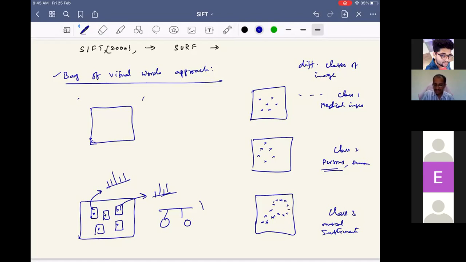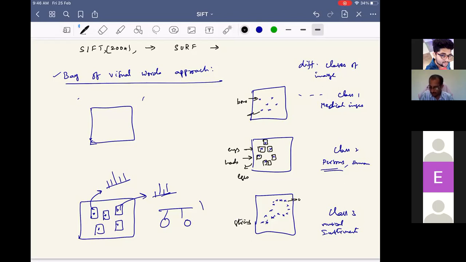Is it not? That means for human key points, you can see eyes, hands, legs, and so on, and head. If you see medical images, you may see different bones, and then there may be some other structures and so on. If you see musical instruments, there may be some strings.